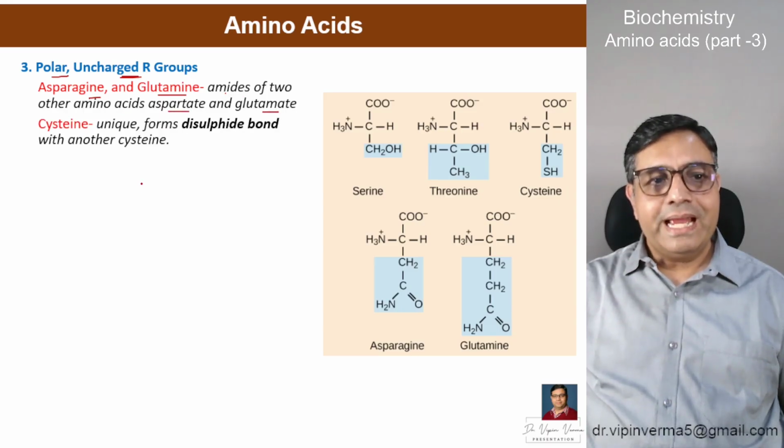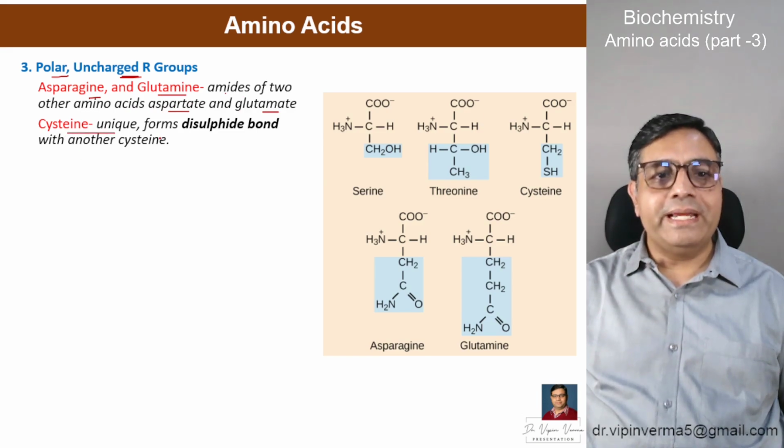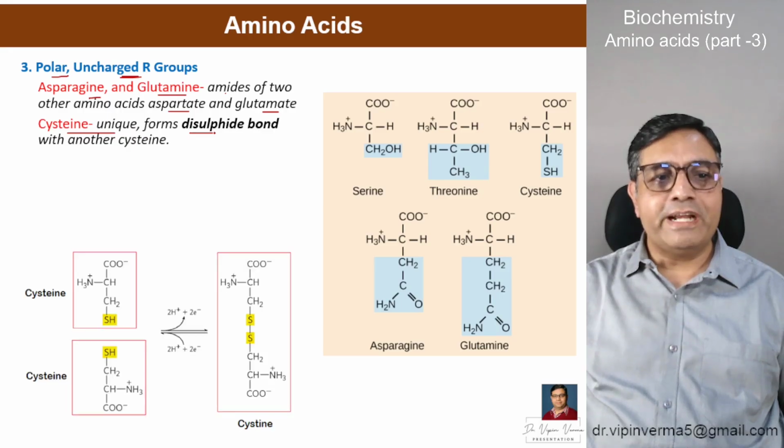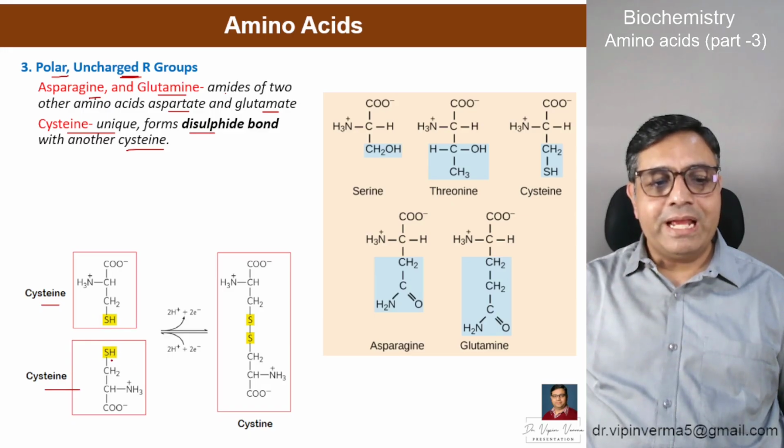And cysteine is very unique again because this is the only amino acid which forms a disulfide bond with another cysteine molecule. You can see here, this is the cysteine molecule. Here also we have the cysteine molecule, and they have the thiol group in the chain, and when these thiol groups make a bond, they eliminate hydrogen, and therefore they make a disulfide bond or bridge, right?